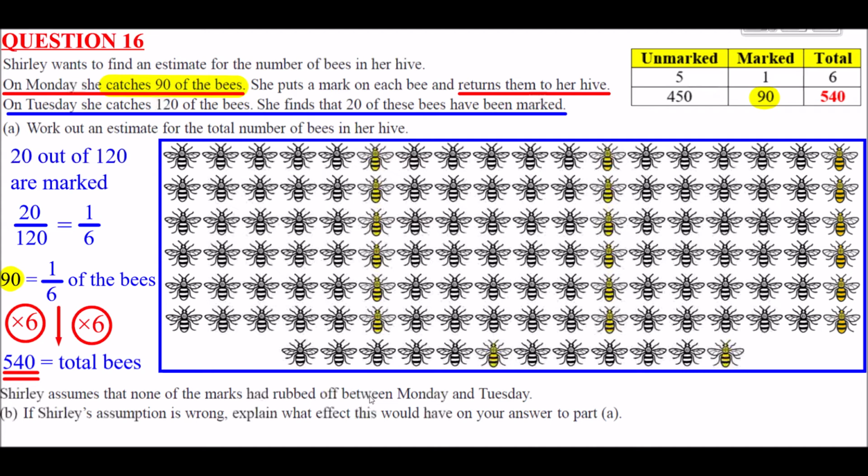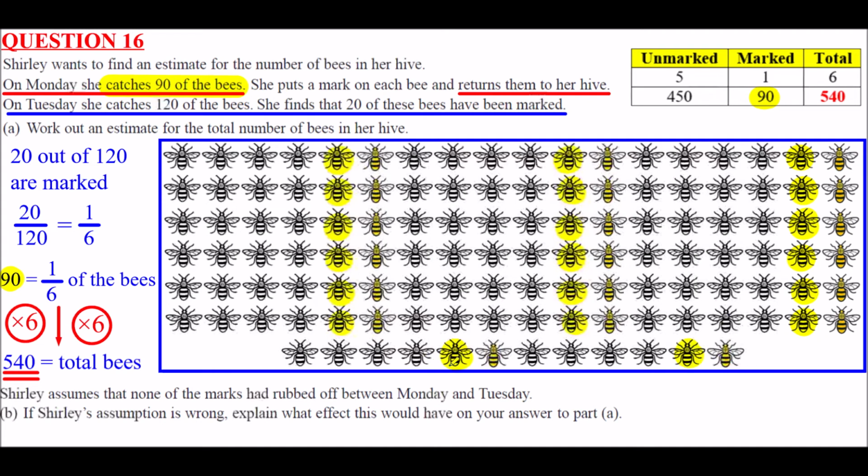So, assuming that she's wrong, let's assume that some did rub off and that actually some bees had been marked but they'd rubbed off. So let's just imagine maybe doubling up how many are actually marked. I'm just adding in some more bees that were marked, and imagine these marks I'm doing now in this yellow highlighter rubbed off to leave only the 20 I showed you.